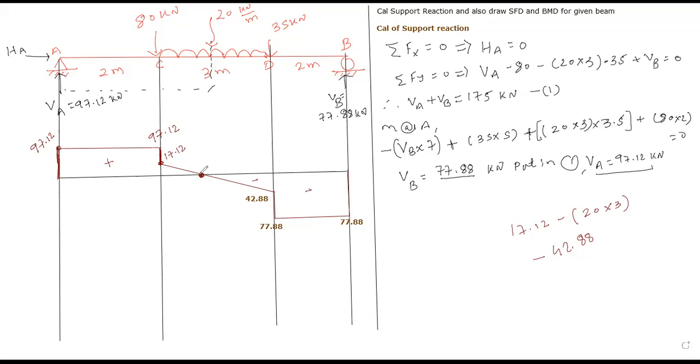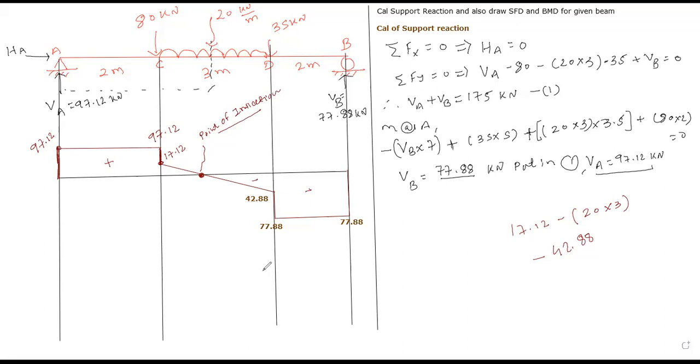In your shear force diagram, whatever the point where shear force changes sign from positive to negative or negative to positive, such a point is known as a point of inflection, also known as a point of zero shear. Please check spelling in your textbook. Point of inflection. Is it clear or not?